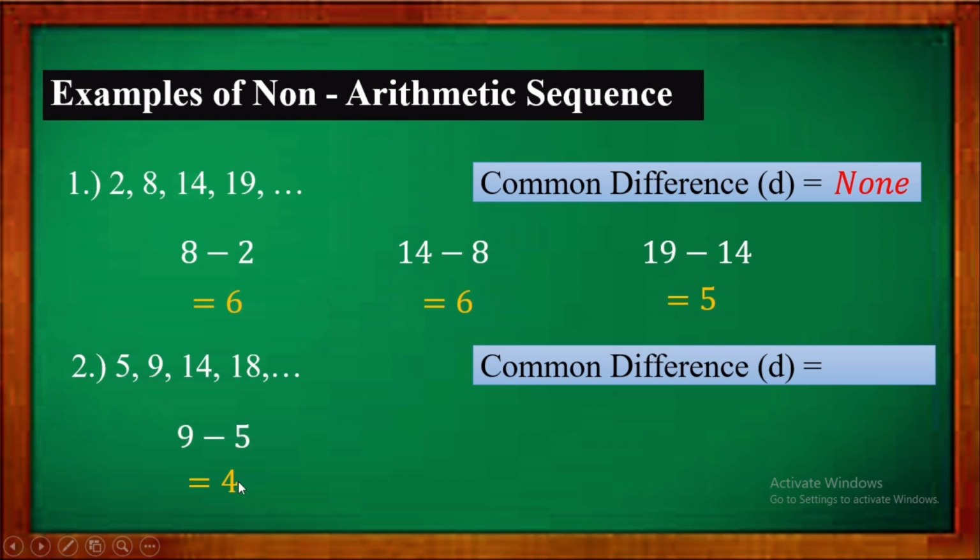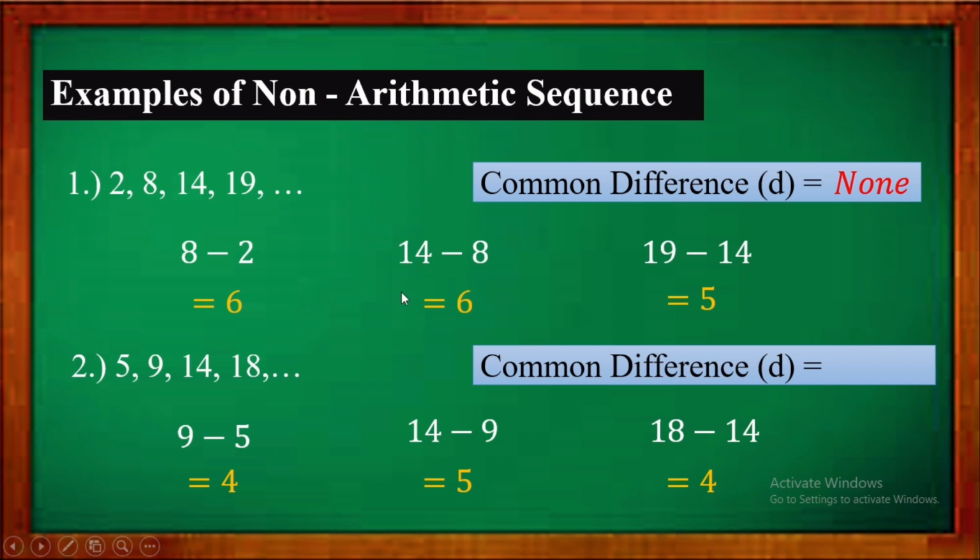So the difference is 4. Next consecutive term, we have 14 as our third term minus our second term, which is 9, and their difference is 5. And next consecutive term, we have our fourth term, which is 18, minus our third term, which is 14, and their difference is 4.